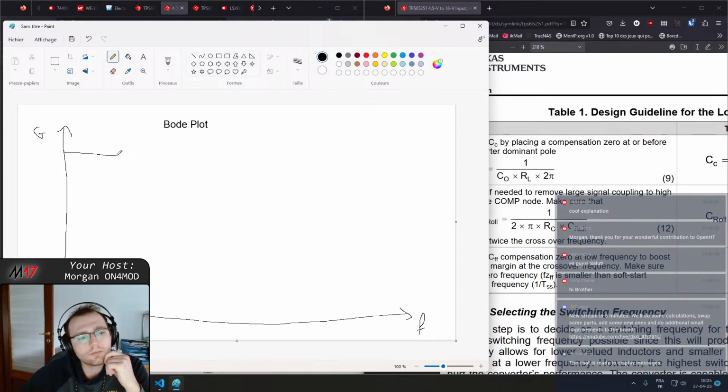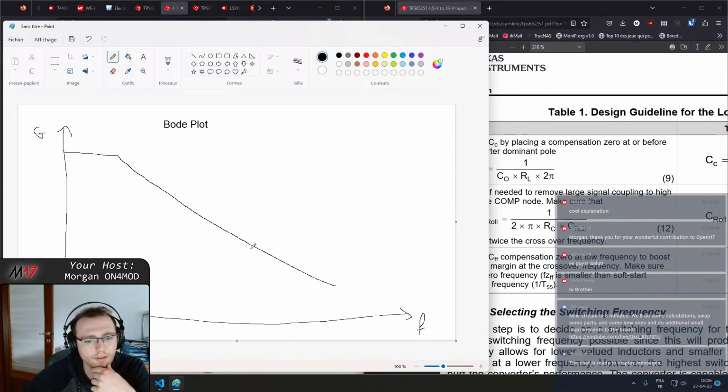And then for some reasons, which we are not gonna go into, the correction is gonna be lower at some points. It's gonna go smaller and smaller and smaller. This is not gonna be a straight line, but we can say that it's gonna be, because we don't really care.